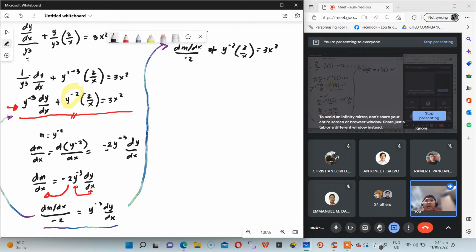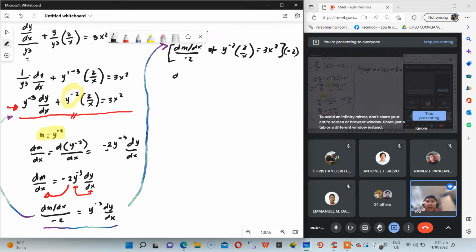So from there, our target should be dy over dx. Since we know that our m is just y, this part is very important because later in our general solution we will need it. So you need to remember that one. After that, next is this one. We need to divide it so that we eliminate the negative 2.